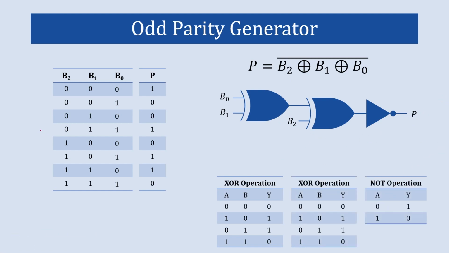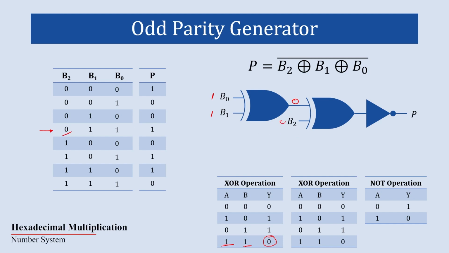Now let's take any of the data. Let's say we are going to deal with this data. So B2 is 0, B1 is 1 and B0 is 1. So we'll implement this over here. So B0 is 1, B1 is also 1. So when B0 and B1 both are 1, the output of this XOR gate is 0. So we'll get 0 over here. In this data B2 is already 0.